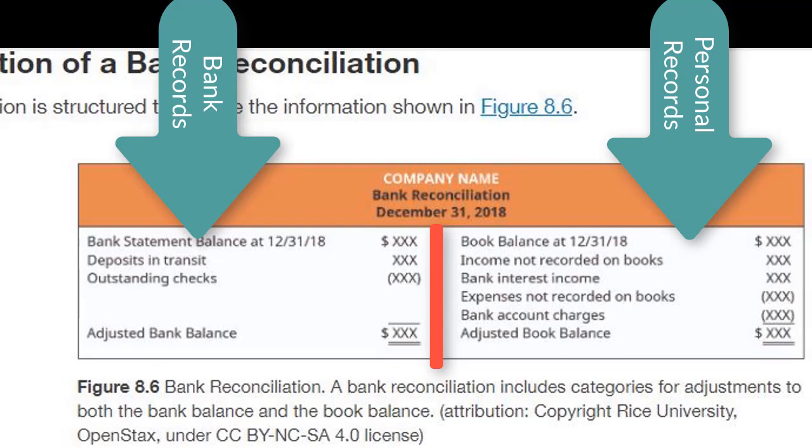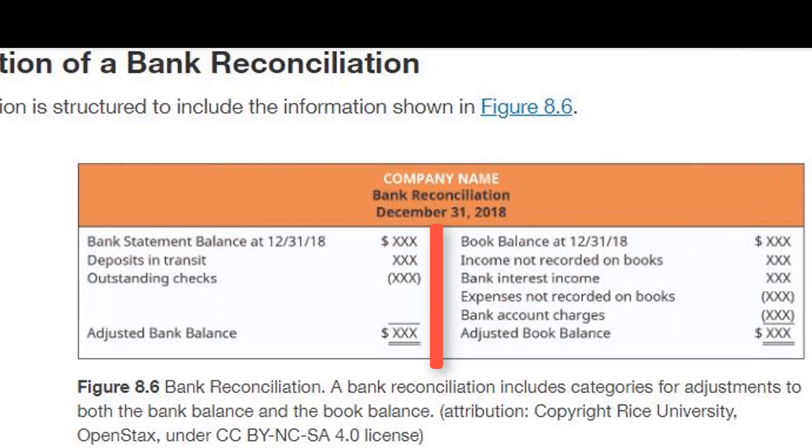And inevitably, what the bank says you have is not what you thought you had as a bank balance, as a cash balance. And so, in this example, as you see in Figure 8.6, there are a couple of reasons why the bank was wrong.